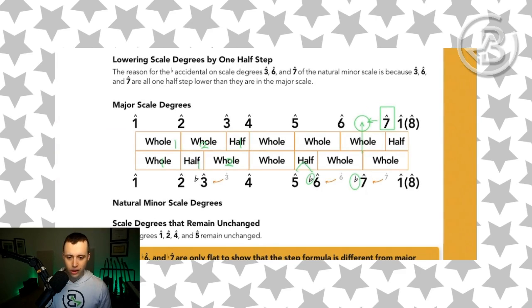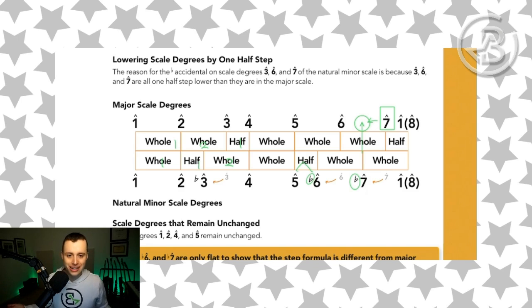So in summary, whenever we have a note in the natural minor scale that is 1/2 step lower than it would normally be in the major scale, we're going to add a flat accidental to it to show that it's 1/2 step lower than the major scale. And the reason for this is that in music theory, we like comparing things to the major scale. It's that simple.